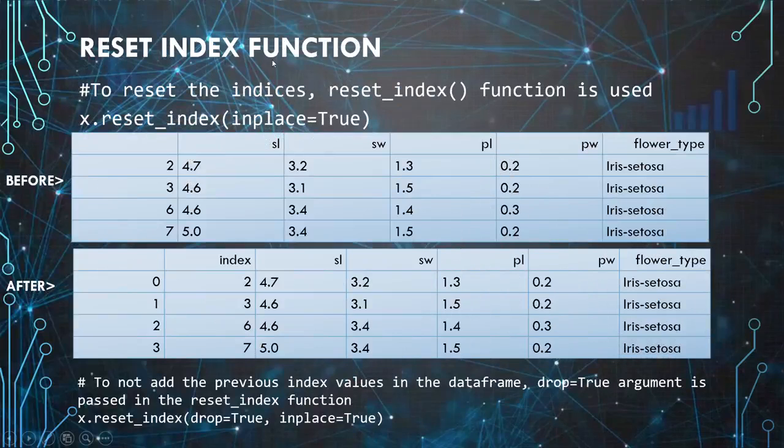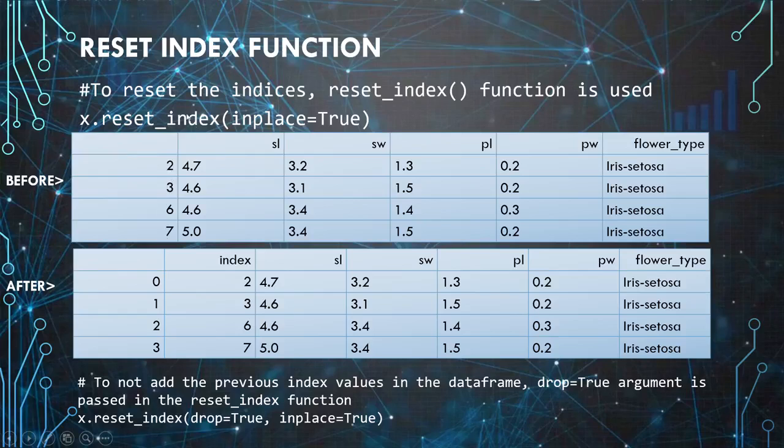So the reset_index function: to reset the indices, the reset_index function is used. We saw that we deleted the first row, and then we deleted some specific rows using the drop function in our previous video. So we got this data set. Now this data set does not contain the index which we desire. It is not numbered in ascending or descending order, it is not numbered one after the other.